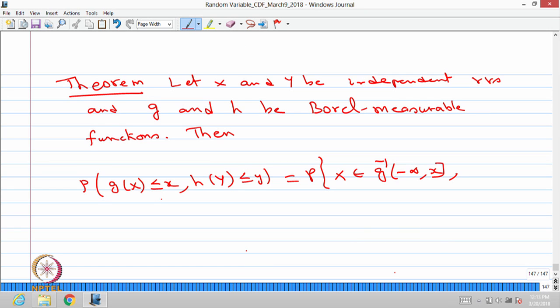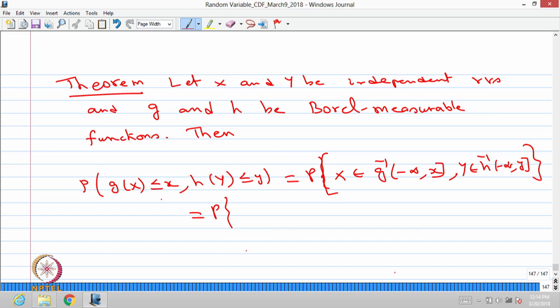And since h of Y is less than or equal to small y, this also can be written as Y belonging to h inverse of minus infinity to small y closed interval. That is the same as the probability of X belonging to g inverse, Y belonging to h inverse.